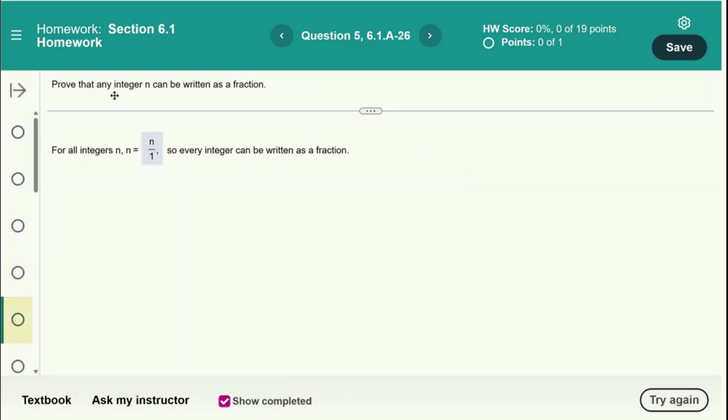All right, this problem deals with what I was telling you about all integers also being rational numbers, because remember, the set of rational numbers Q is the set of all fractions of the form m over n, such that m and n belong to the set of integers and n is not equal to 0.